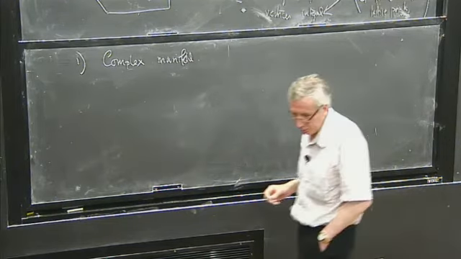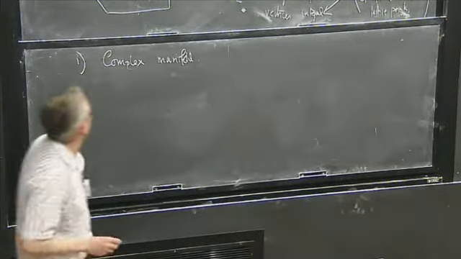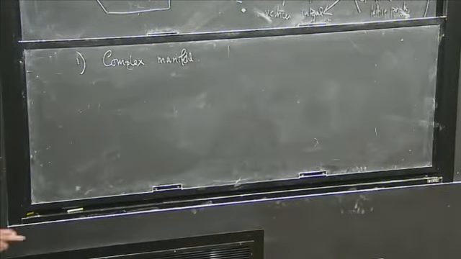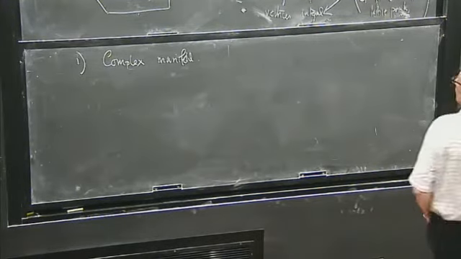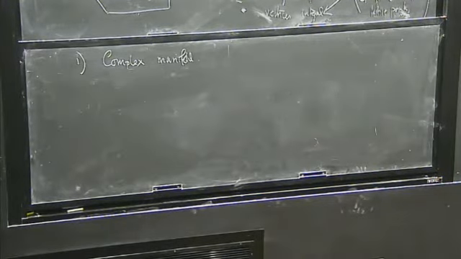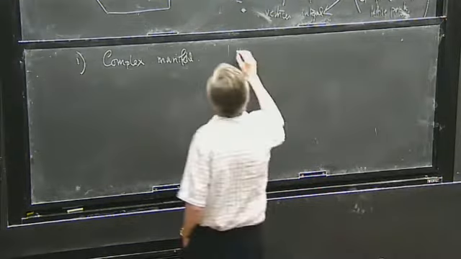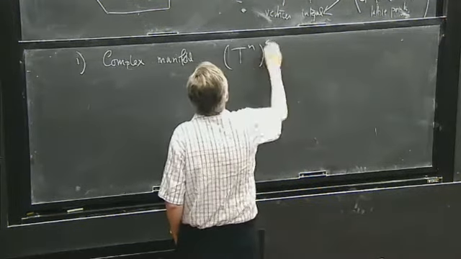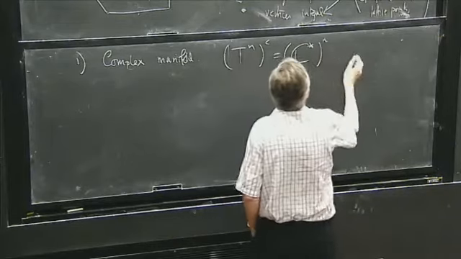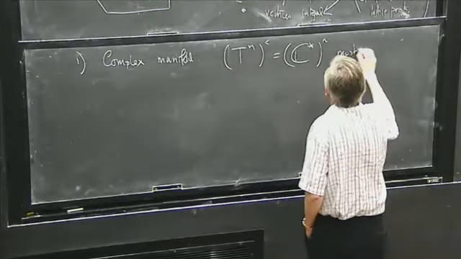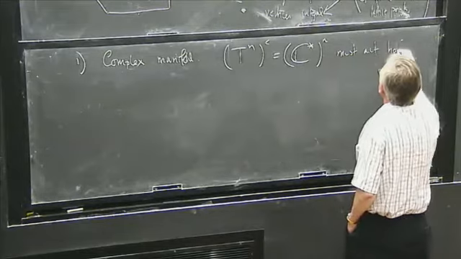Supposing we have such a setup, a manifold with a holomorphic isometric Tn action, then the action will extend to a holomorphic action of the complex torus. So Tn, C star to the n, must act holomorphically.